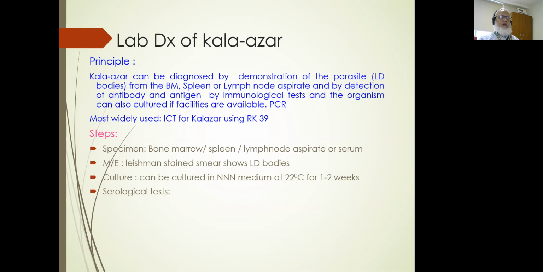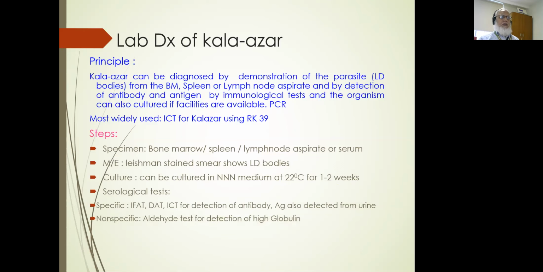Culture can be done, but is not used for diagnosis. Serological tests: there are specific serological tests for detection of antigen as well as antibody, mostly antibody, and ICT is very popular. Antigen can also be detected from urine. There are some non-specific tests like the aldehyde test for detection of high globulin, but practically it is diagnosed by microscopy and immunological test.